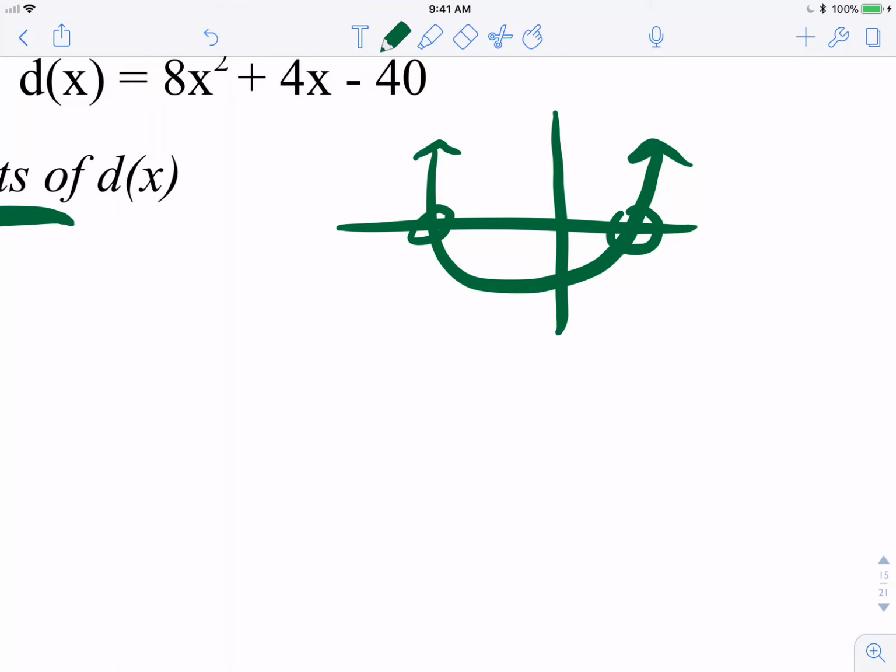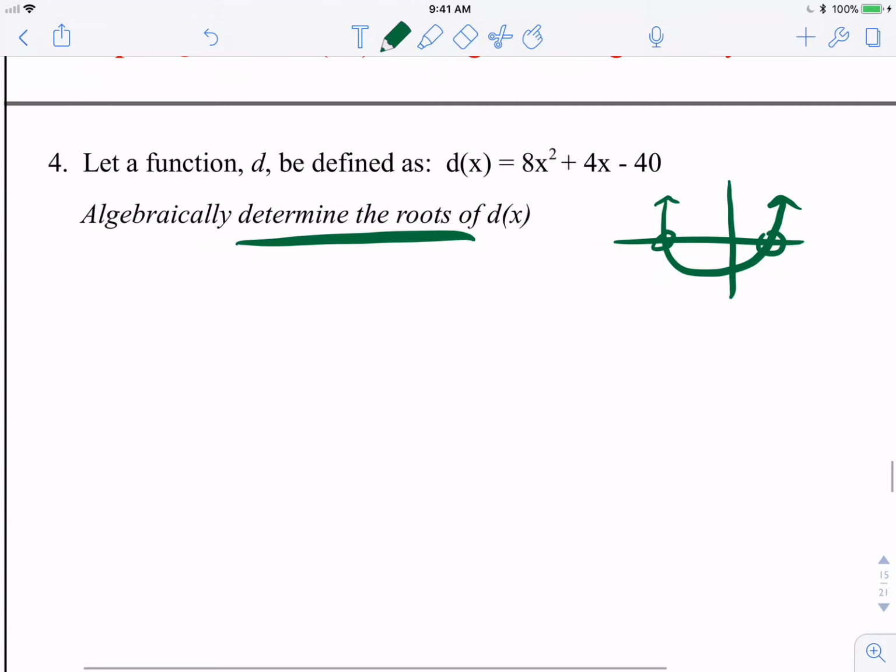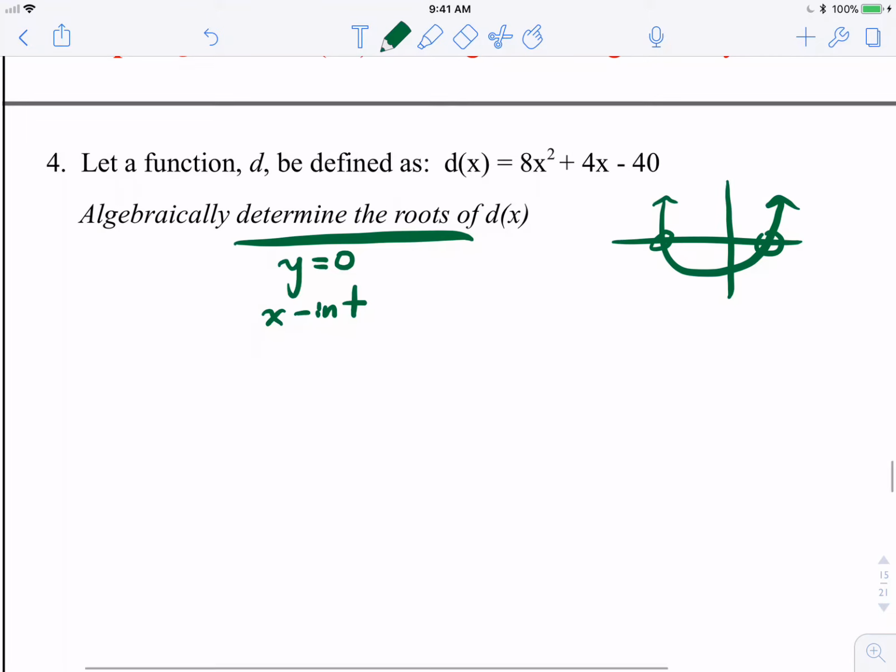In other words, where y equals 0. Another word would be the x-intercepts. All these are synonyms for one another. X-intercept, the zeros they're called, or more commonly as you get older, roots.